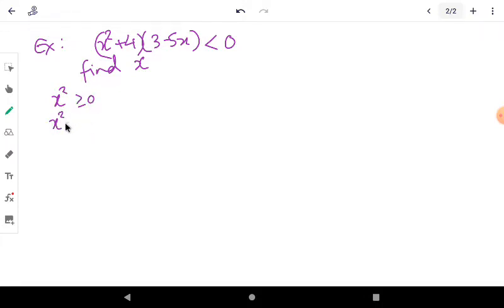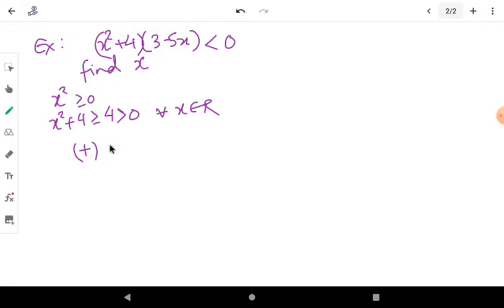So x square plus 4 will always be positive, right? Its minimum value is 4, so we can safely say it is positive for every real x. So one factor is fixed positive, and we can't do much about that.